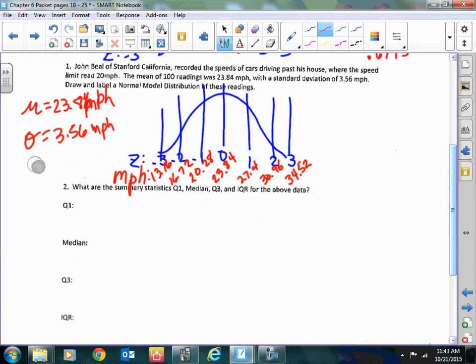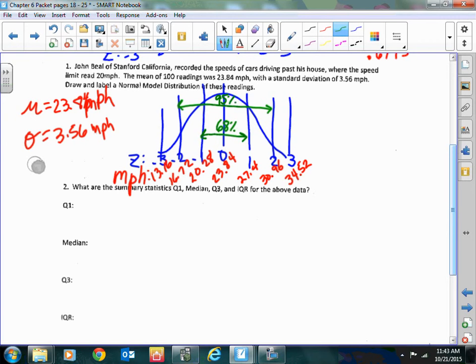Okay. And the final thing I want you to do is put your percentiles on here. Just the 3 main percentiles: 1 standard deviation away from the mean is how much data? 68%. 2 standard deviations around the mean is how much data? 95%.